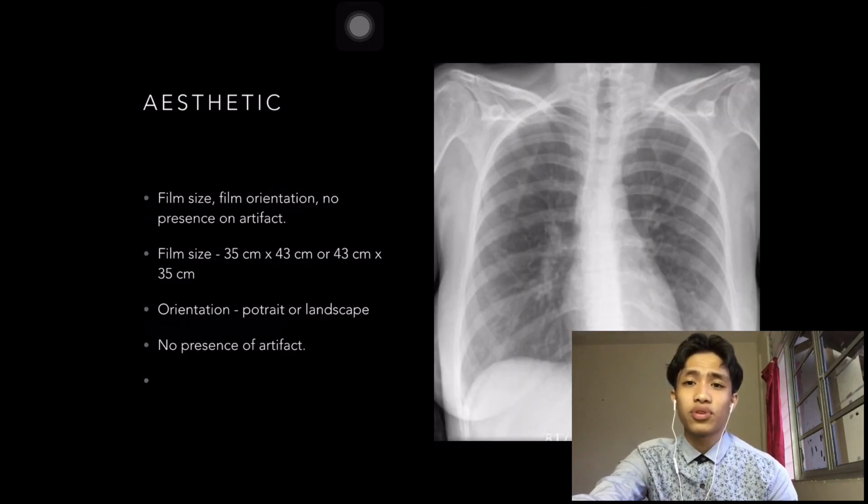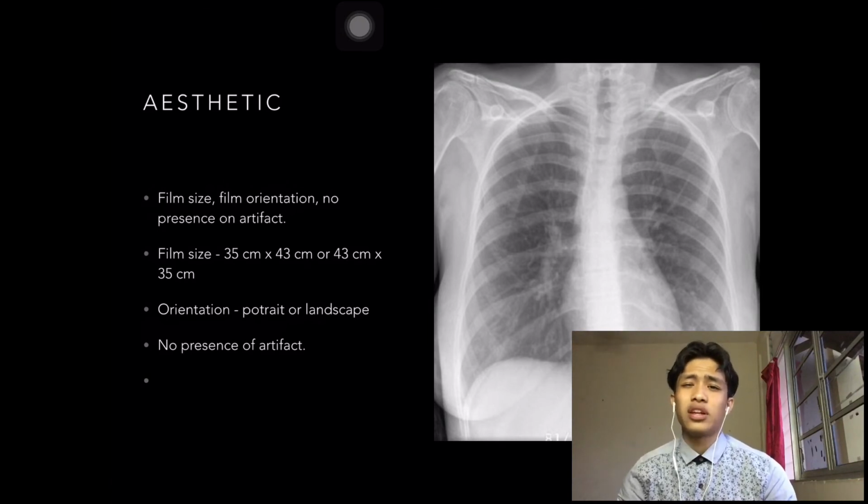Okay, and next is aesthetic. Aesthetic is very important. We must check whether the film size and film orientation are okay or not, and that there is no presence of artifact. No artifact means if the patient wears a necklace, we must tell them to take off the necklace because it will be seen in our radiograph. The film size should be 35 cm by 43 cm or 43 cm by 35 cm.